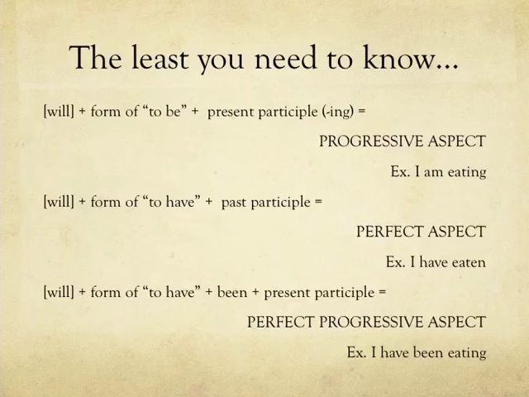The last one, the perfect progressive aspect, could have will, and it's going to have a form of to have, so again, have, had, has, that sort of thing. The be form is there, however, the be form is always going to be been. Okay, so I had been, I have been, he has been, and this is with the present participle, okay?